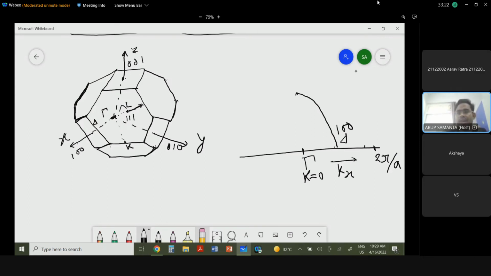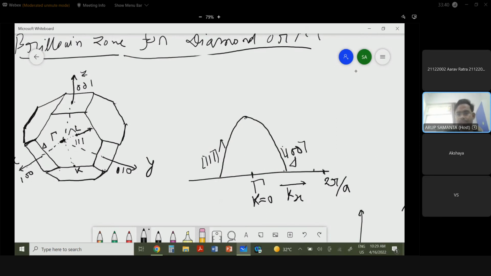If you move, you can find something like this. This is along the 1-1-1 plane. This is along 1-0-0, the delta direction. So this is the valence band.